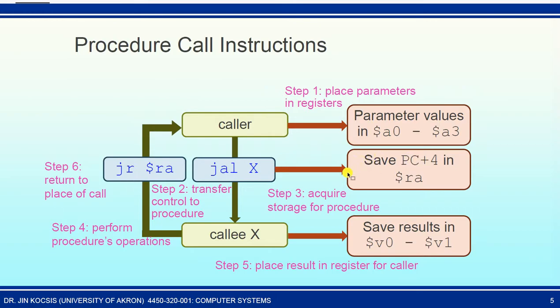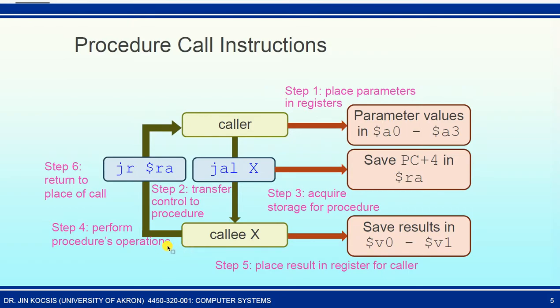So let's just repeat again. Step 1, the caller, which is the main procedure, prepares its arguments in the general purpose registers A0 to A3. After that, in step 2, it calls jump and link followed by the label of the sub procedure, the callee, to transfer the control to the callee. Then the callee, after receiving the control, requires the necessary storage place for the procedure and goes to A0 to A3 to find the necessary arguments.